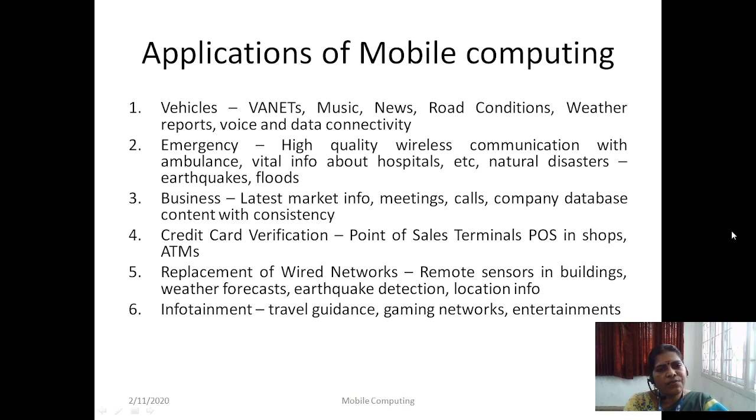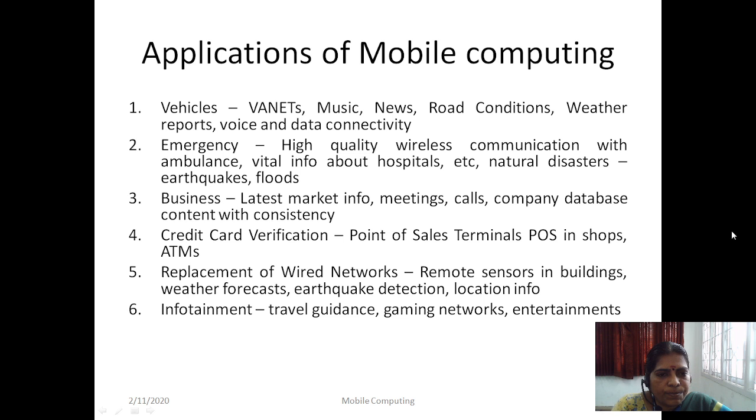Similarly, for emergency purposes we use mobiles. High quality wireless communication with ambulances is very important for hospitals nowadays. Not only that, for natural disasters such as earthquakes and floods, we can make use of mobile computing.